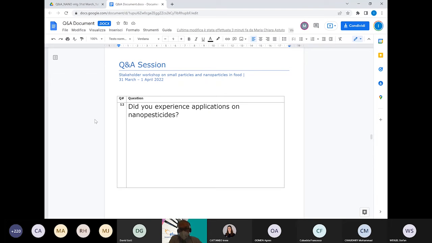In our experience, we have no specific applications for active substances, at least not that we have received now, maybe in the future. But also based on what we know of the evolution, we are expecting more of these applications in the area of nano-formulated products.